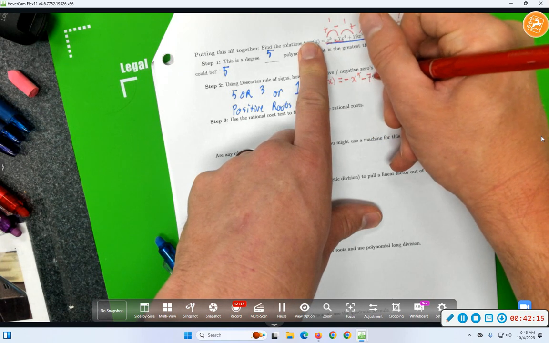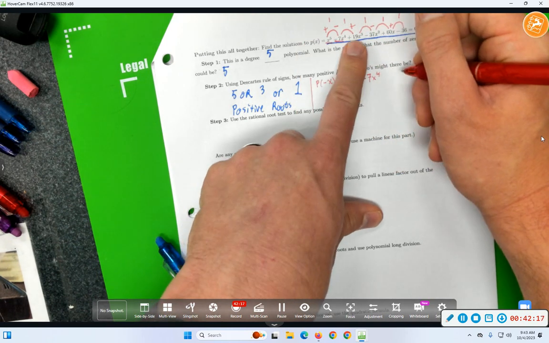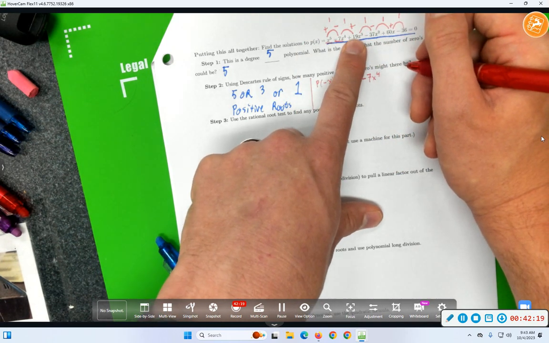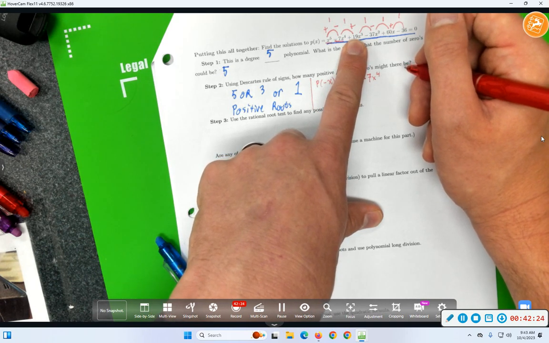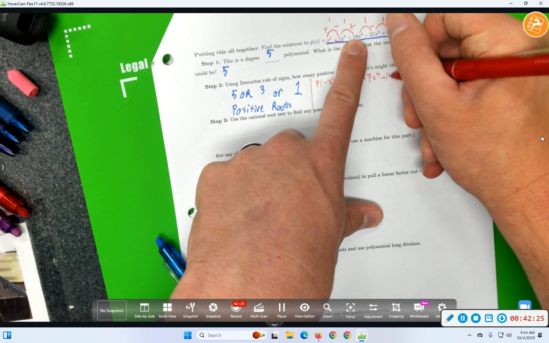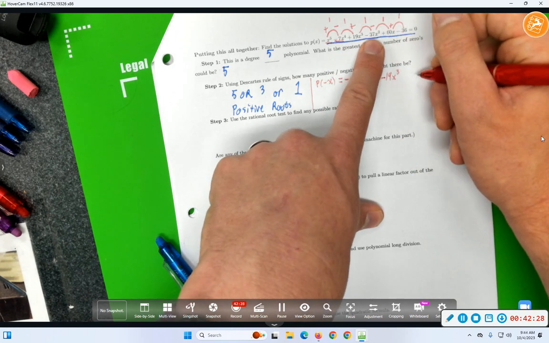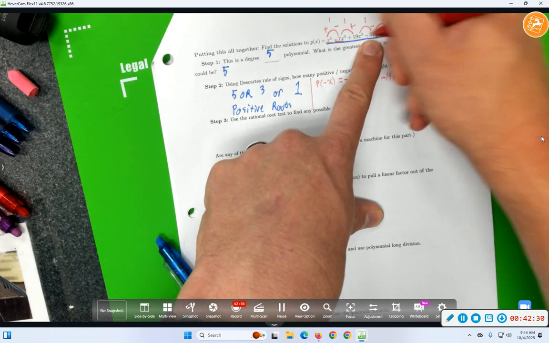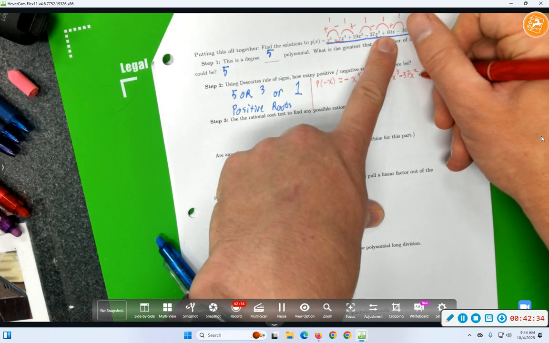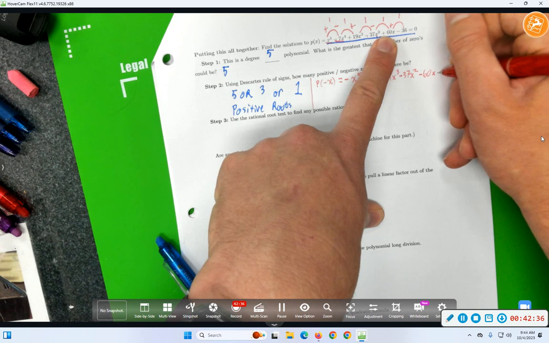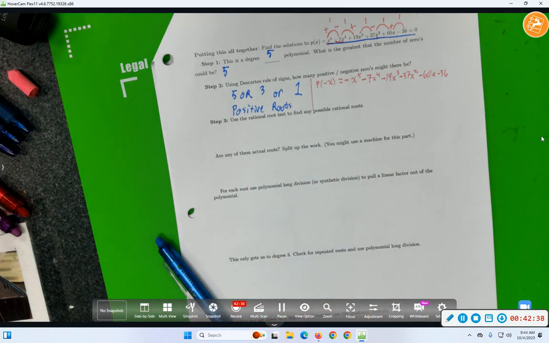So minus 7x to the 4th plus 19x cubed. But it's a cube, so the negative will pull out of the cube. Minus 19x cubed. This one's squared, so it will just stay negative. Minus 37x squared minus 60x minus 46.